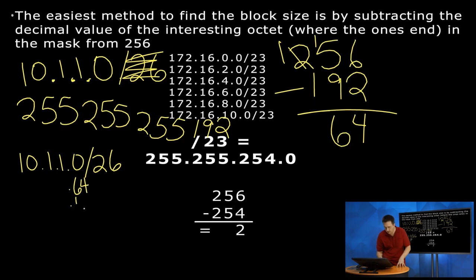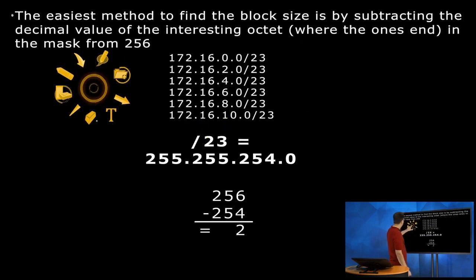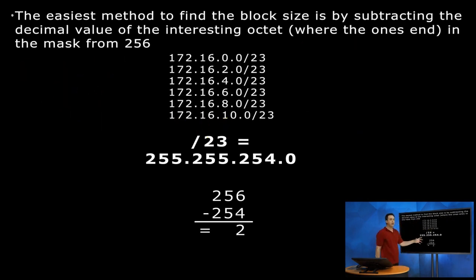And then we have 128. And then we have 192. There we go, as an example. So those would be the various network IDs, and then we'd be able to identify who lives where based on that information.